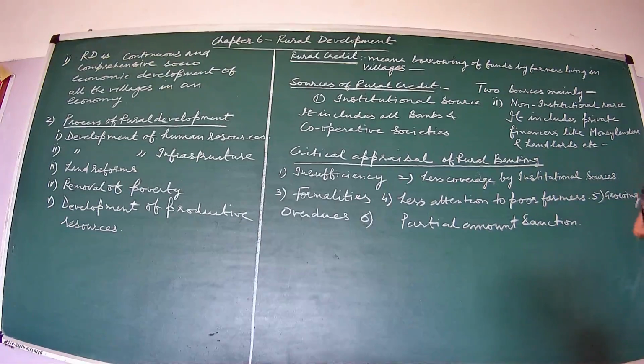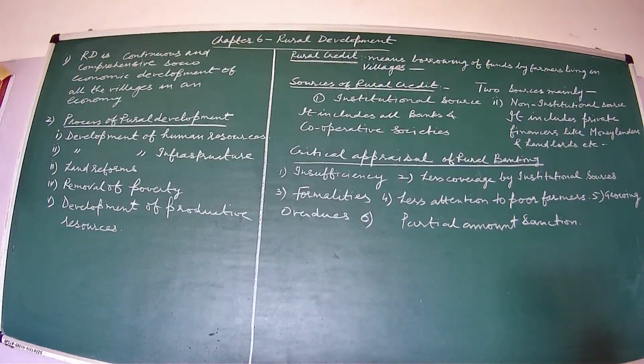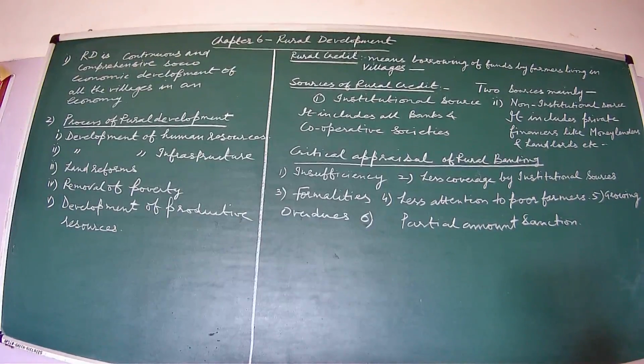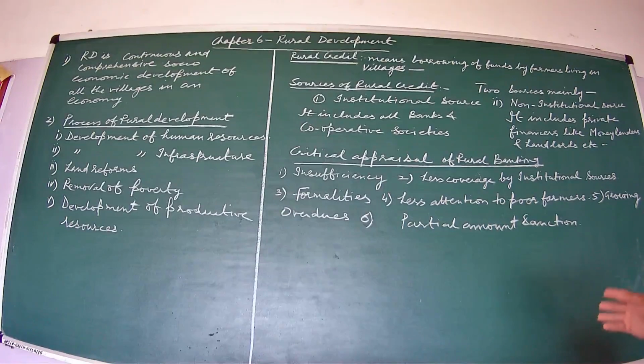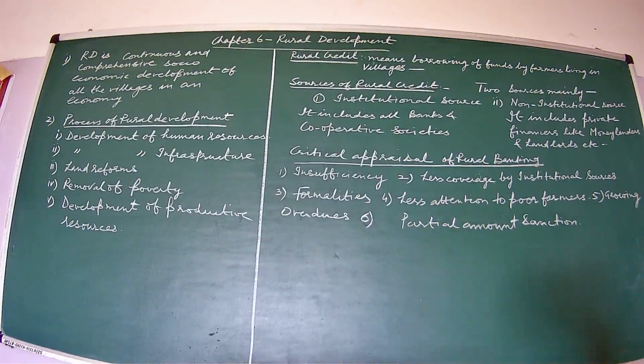Now let us first discuss the institutional source of credit. It includes all banks and cooperative societies. Non-institutional sources of credit include private financiers like money lenders, traders, landlords, friends, relatives, and private banks.